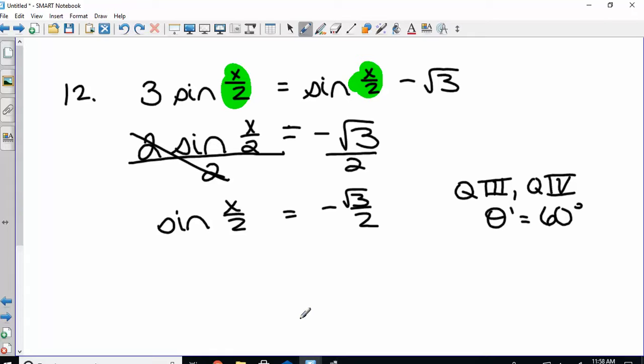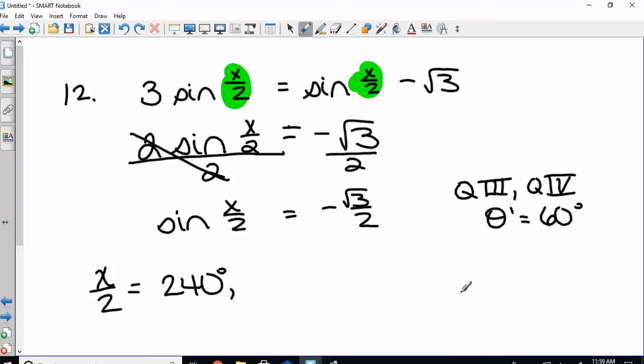Because this graph would really have a period of 4 pi. So if I'm only looking at 0 to 2 pi, I'm only looking at half the graph. It may or may not hit the values that I'm looking for in that section. So we have our angle x over 2 equals, in quadrant 3, 180 plus 60.